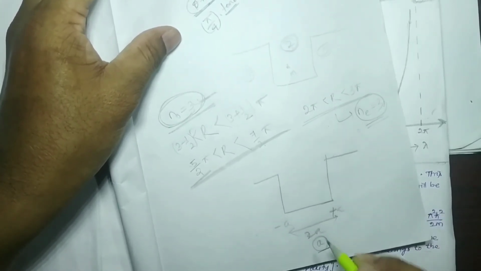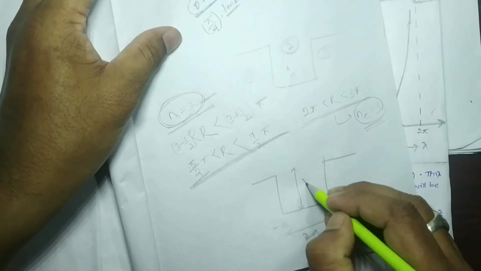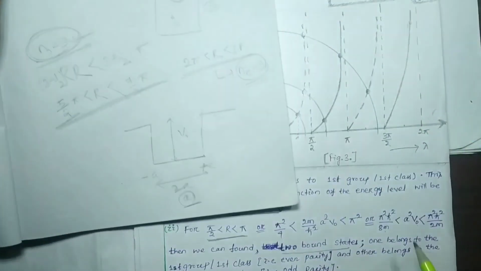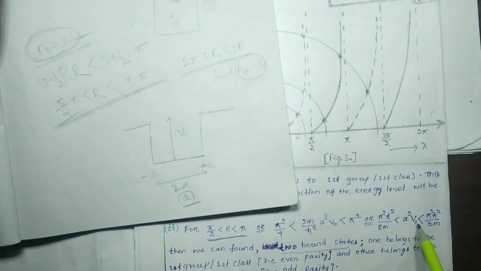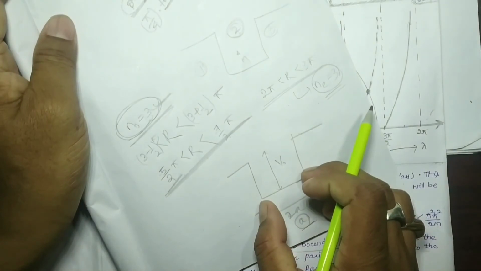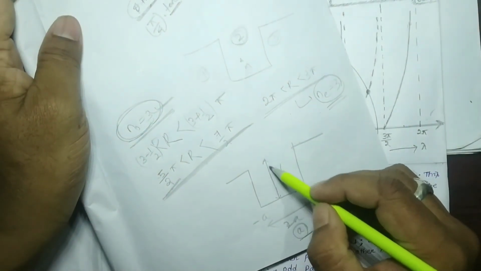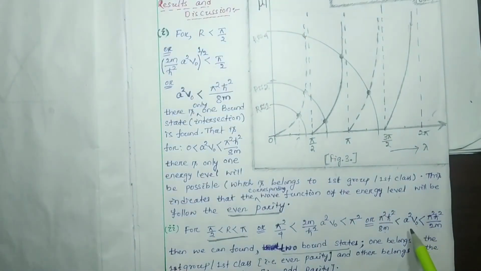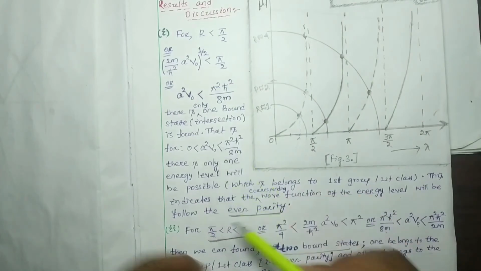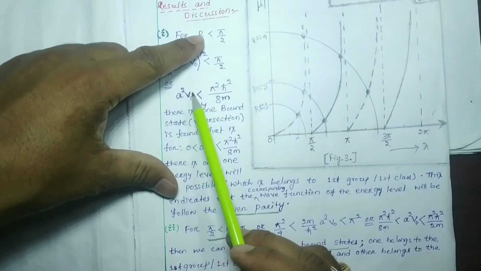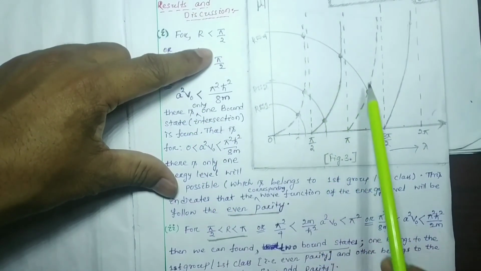But if the V0 height is increased, obviously A square V0 is going to be increased, right? So if this width is steady and I increase the magnitude of V0, that means A square V0 is going to be increased. As we saw from this discussion, if the radius, the so-called A square V0, is increased, the number of states is going to be increased.